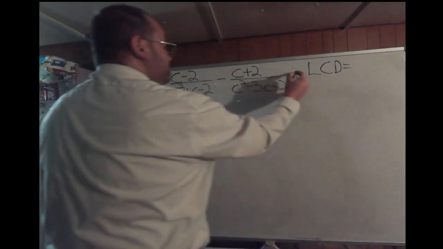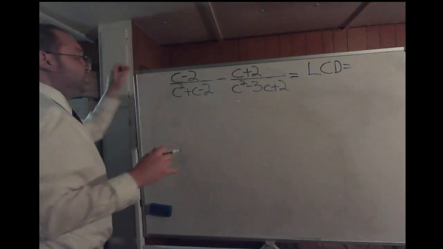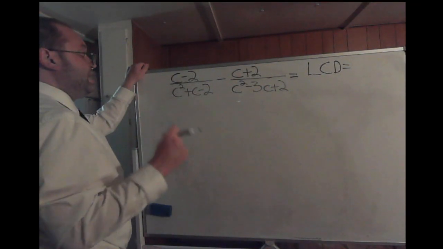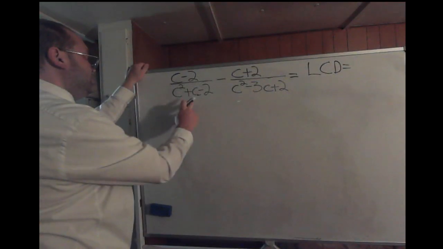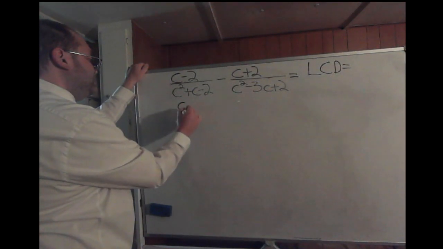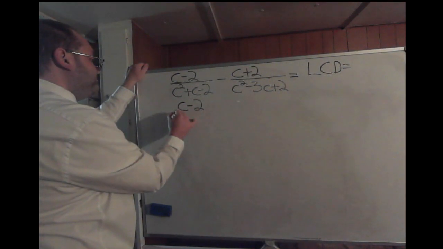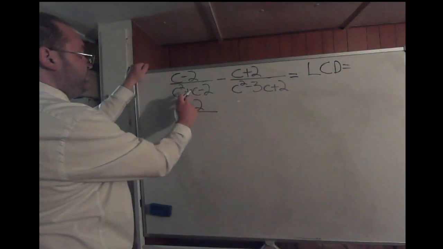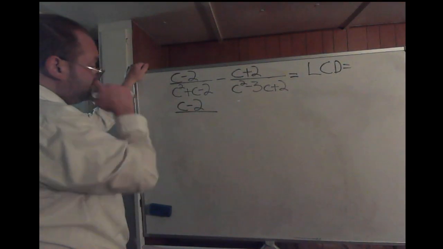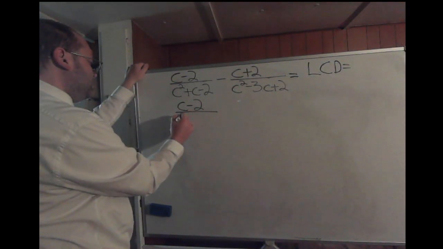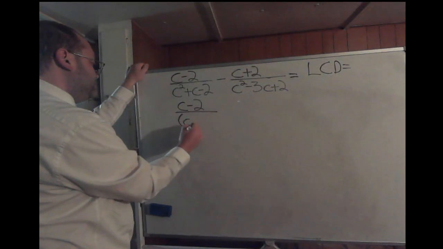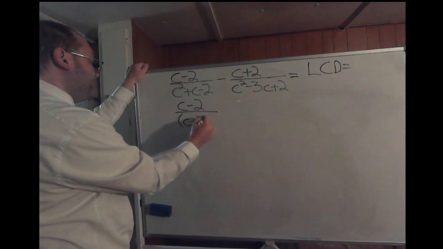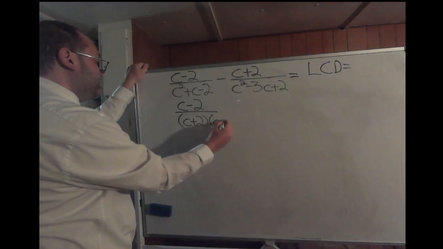First thing I would do, go ahead and factor your denominators. So you'll have c minus 2 all over the factorization of c squared plus c minus 2. Well, that'd be c plus 2 times c minus 1.